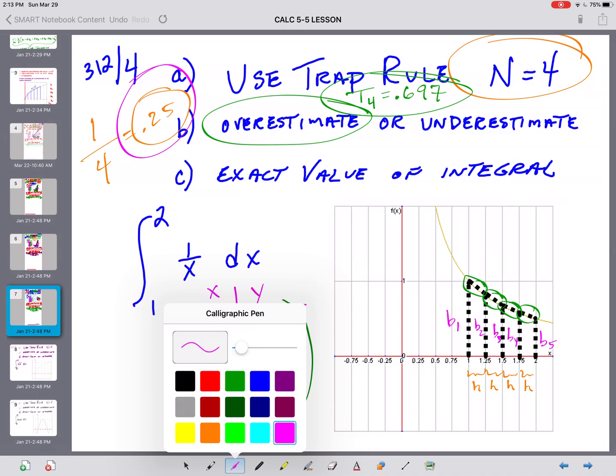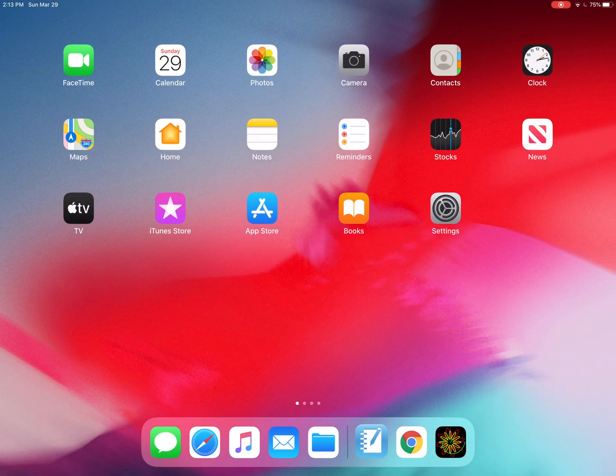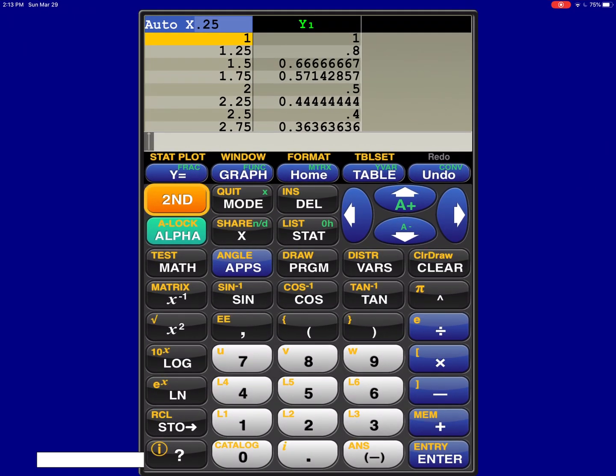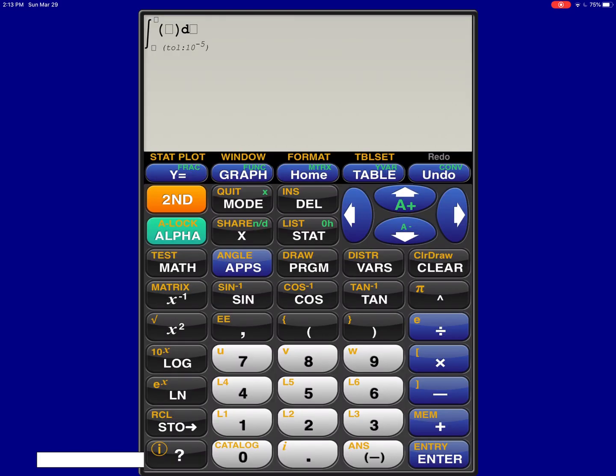Okay, let's figure out the actual. Let's go in 1 over x, 1 to 2. Let's clean out everything here. Go to math, number 9, 1 to 2. Those are the limits. The equation is just 1 divided by x.